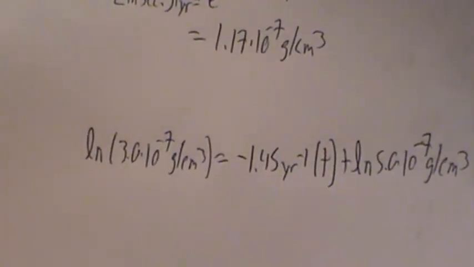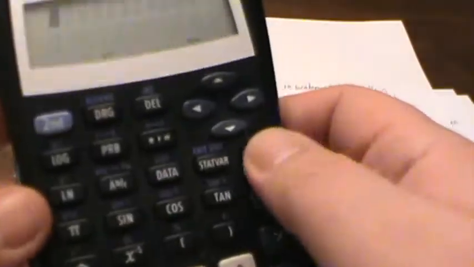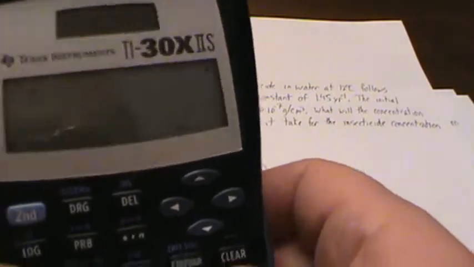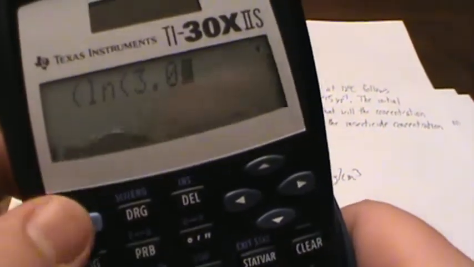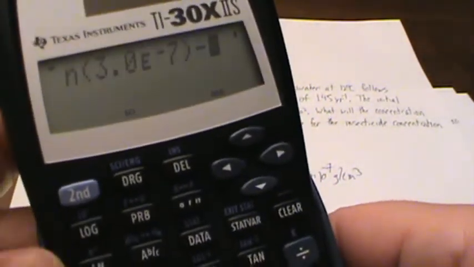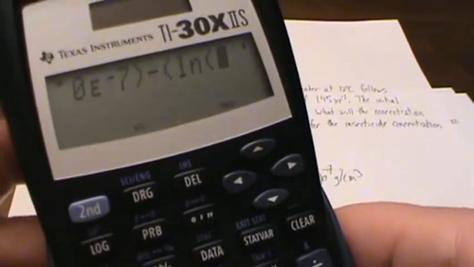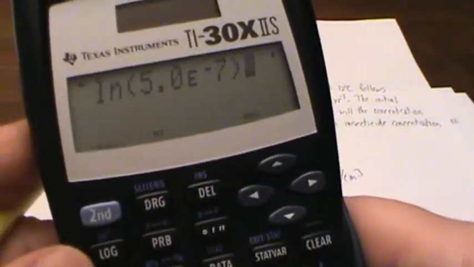Okay, so let's get the natural logs to one side. So I'm going to take natural log of 3.0 times 10 to the negative 7th minus natural log of 5.0 times 10 to the negative 7th.